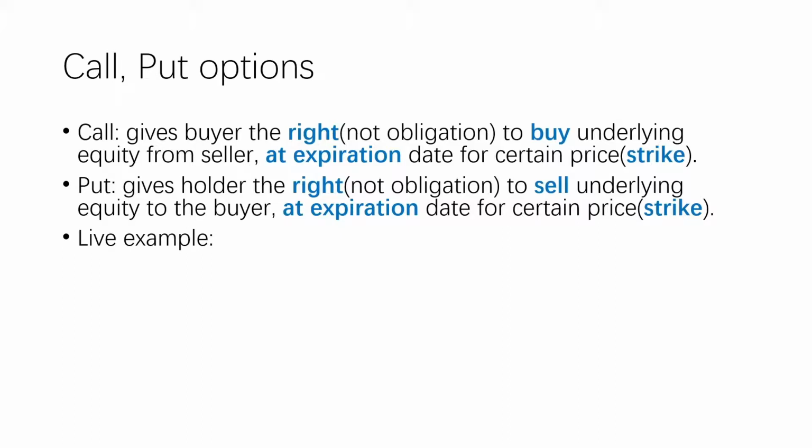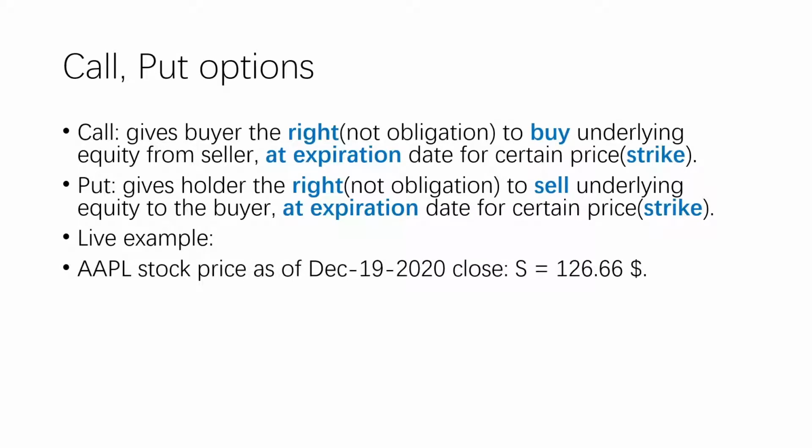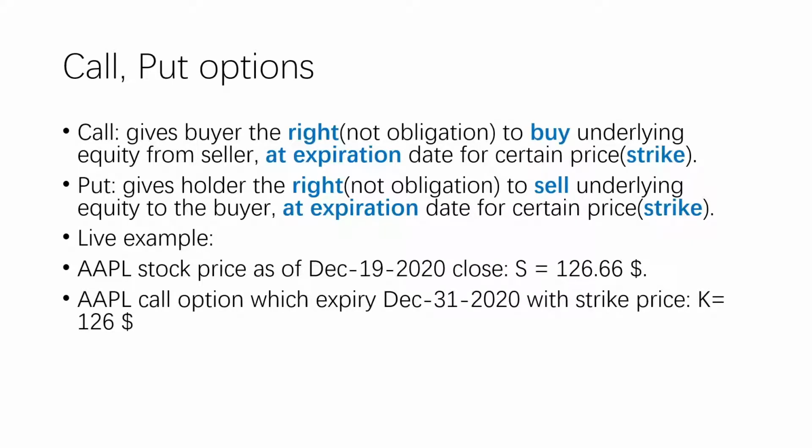I can give you a good live example. As of December 19, 2020, the Apple stock price is 126.66 US dollars, and there are a lot of Apple stock options traded, and you can find one. For example, one of the call options on Apple stock is expiring on December 31st.